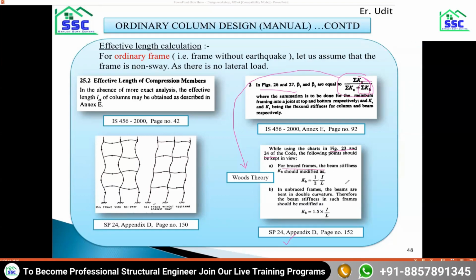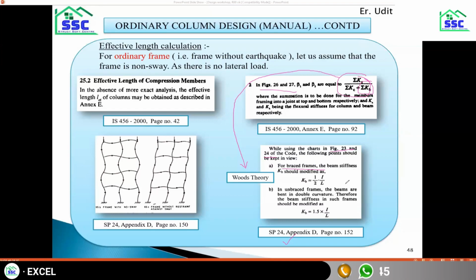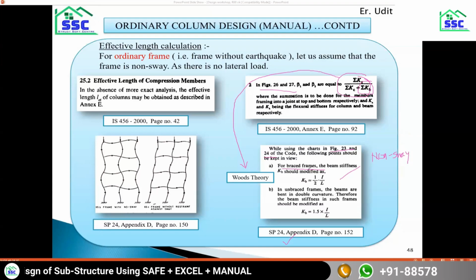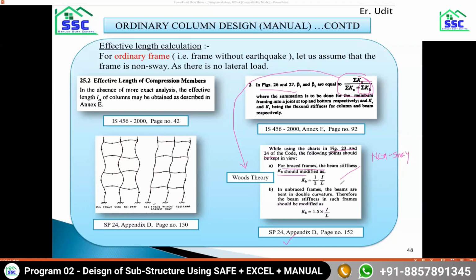For braced frames, meaning your non-sway frame, the frame which is not going to undergo a high lateral deformation, beam stiffness Kb should be modified as 1/2 into I by L.